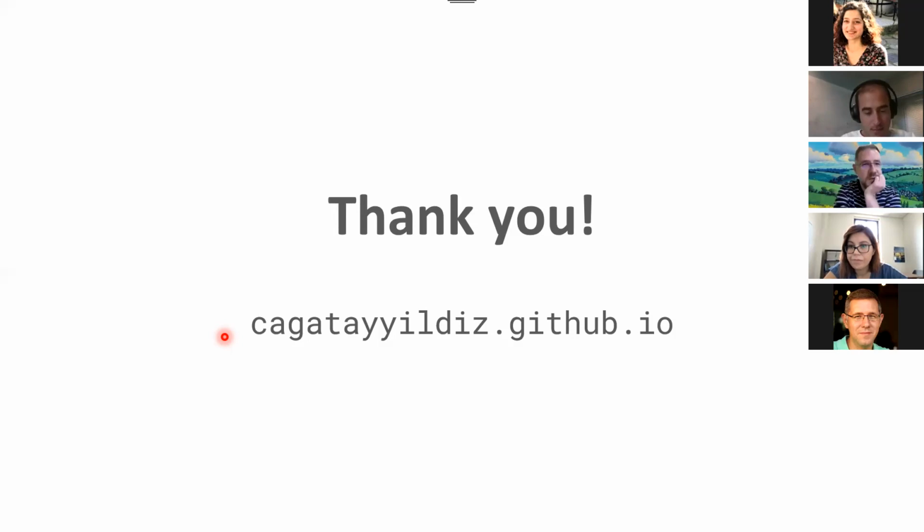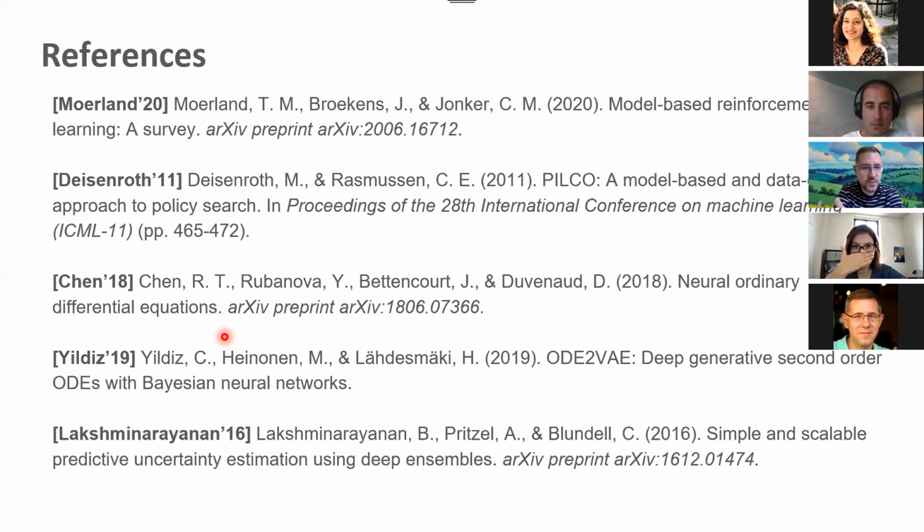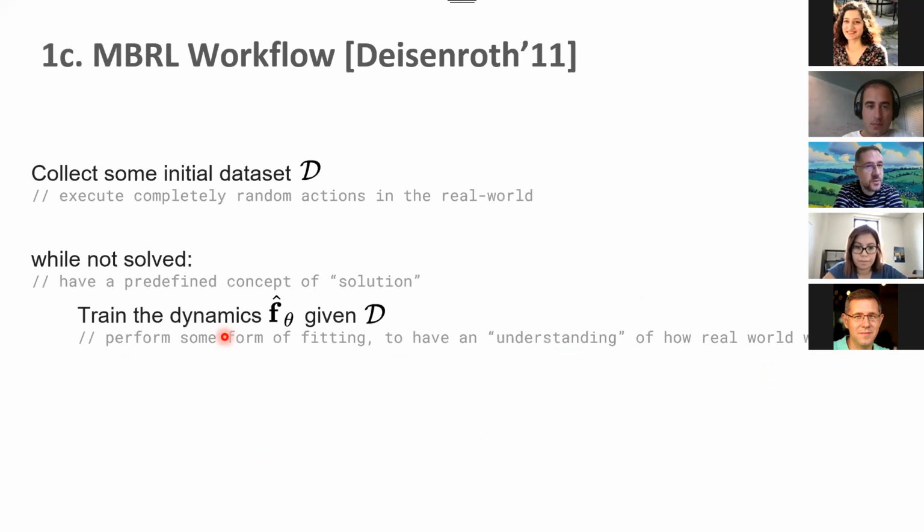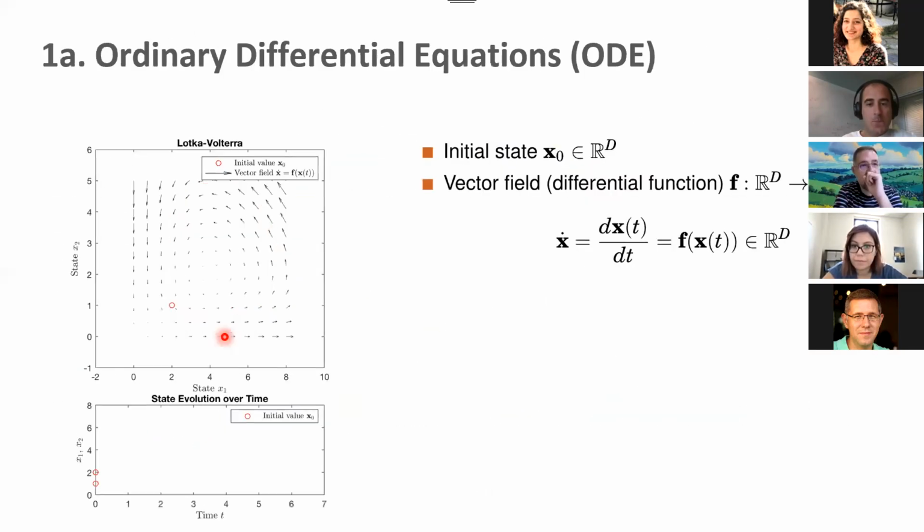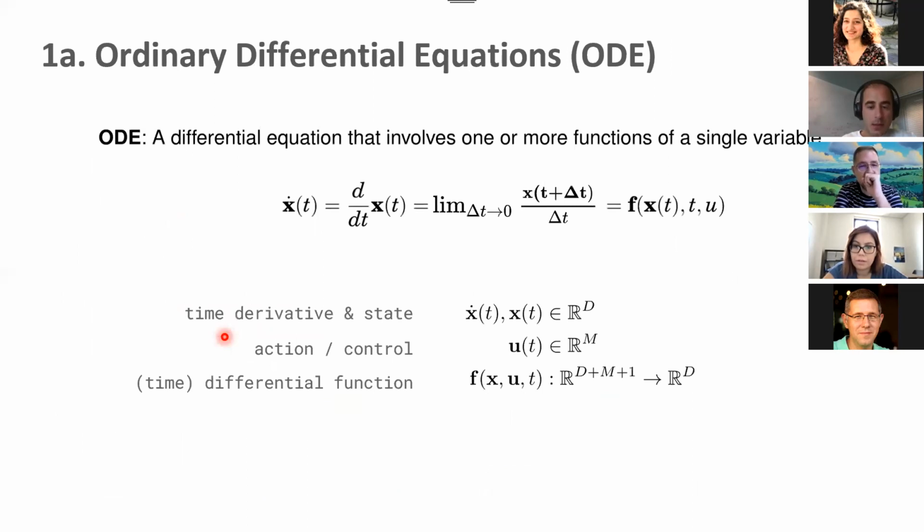Okay, so Çağatay, you mentioned that these ODEs are deterministic in nature. And at the very beginning of your presentation, you showed us a formulation which also includes this external variable u. So I'm wondering about a more difficult situation, for example this cart pole problem. Suppose we have an external force, like wind, which randomly changes from time to time. I suppose that can be captured by this variable u, and this might introduce some sort of stochasticity.